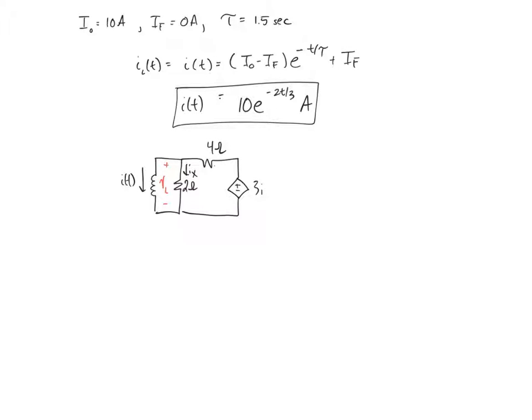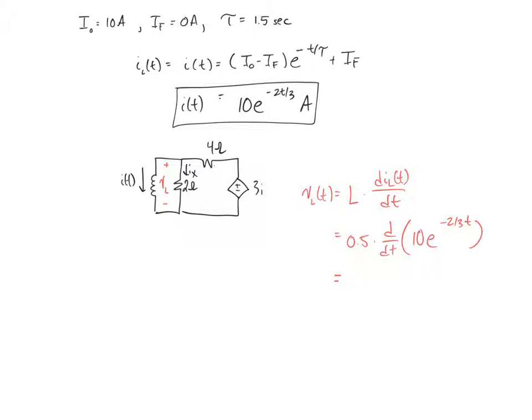And we can find V_L directly by noting the relationship for I and V of an inductor, V equals L times dI_L over dt. Specifically, that's 0.5 henries times the first time derivative of the current that we found in the first part, which is 10e^(-2t/3).